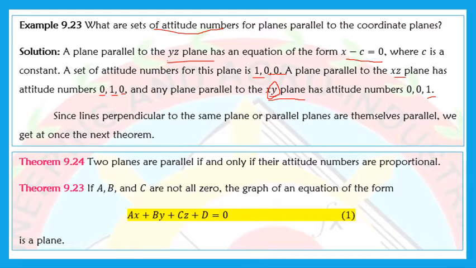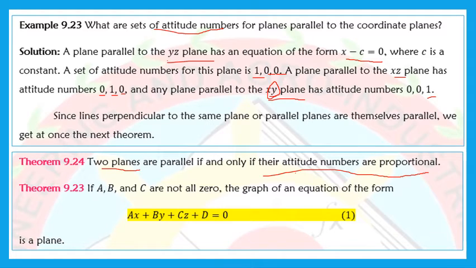Since lines perpendicular to the same plane or parallel planes are themselves parallel, we get at once the next theorem. In theorem 9.24, class, two planes are parallel if and only if their attitude numbers are proportional. Okay? So, parallel yung dalawang planes if and only if yung attitude numbers nila are proportional.